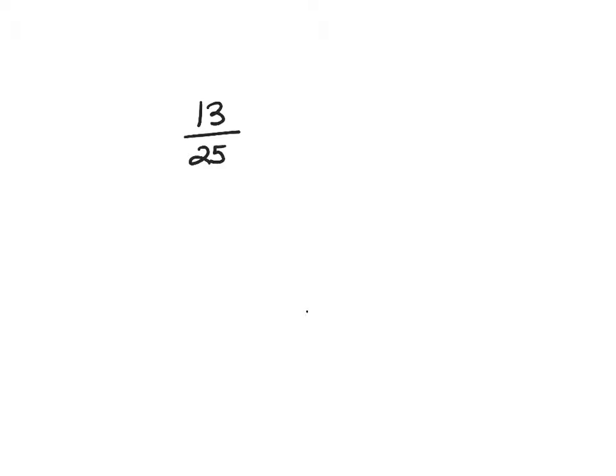So I can simply multiply 25 by 4, and do the same thing to my numerator as I have done to my denominator. So I'm going to multiply 13 times 4 as well. And 13 times 4 is 52. So I know that an equivalent fraction of 13/25 is 52 hundredths.